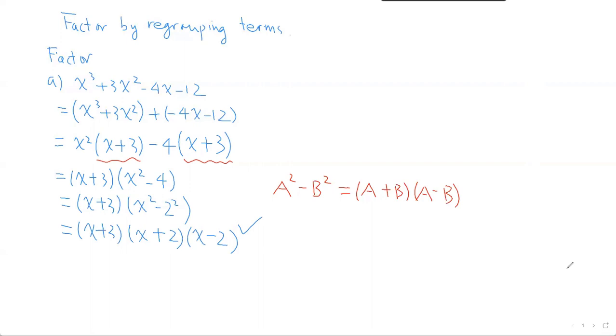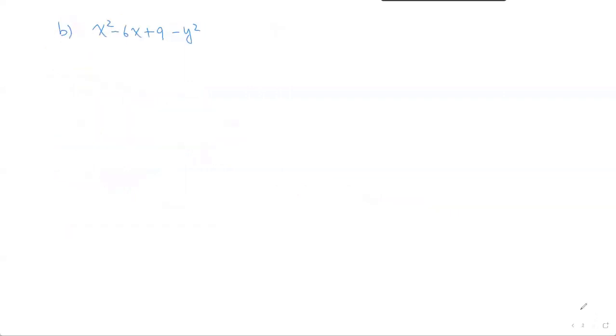Let's take a look at another type of polynomial with 4 terms, which is x squared minus 6x plus 9, then minus y squared. So here we cannot group terms like the previous one.